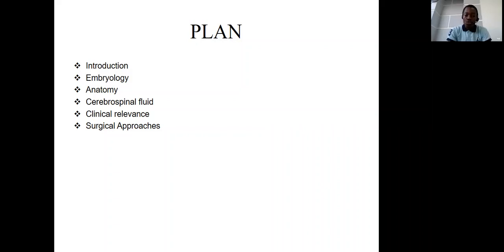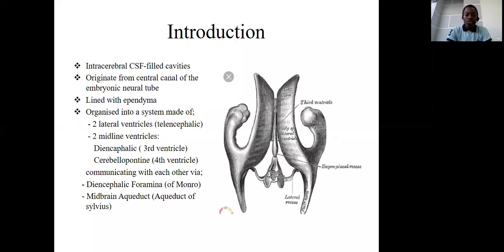So as an introduction, ventricles are these intracerebral CSF filled cavities. They originate from the central canal of the embryonic neural tube and are lined with ependymal cells. So in the adult brain, they are organized in a system of 2 lateral ventricles, telencephalic ventricles, and then 2 midline ventricles, which are the diencephalic ventricle, the 3rd ventricle, and the cerebellopontine ventricle, which is the 4th ventricle.